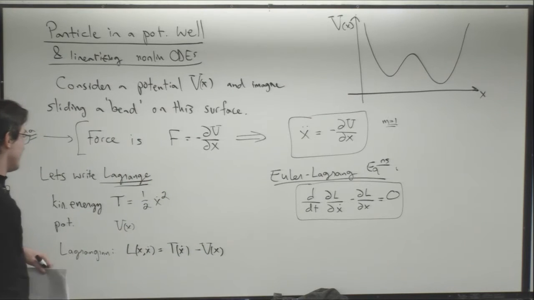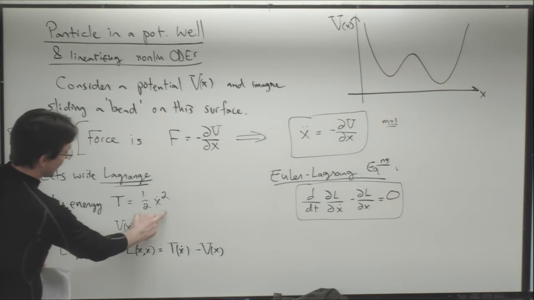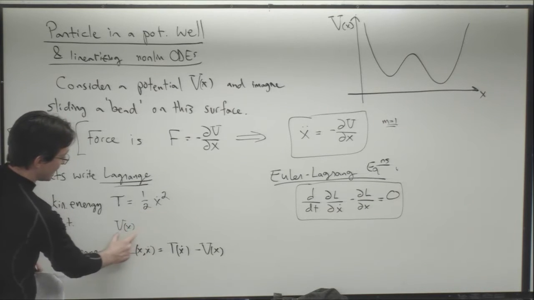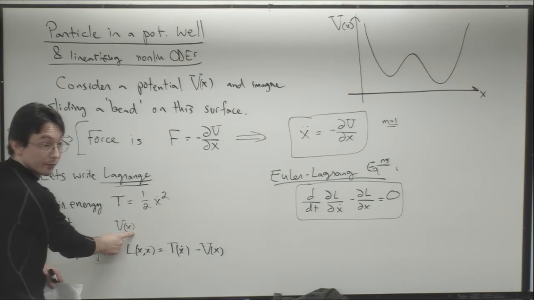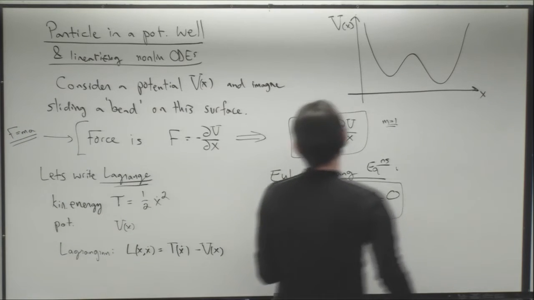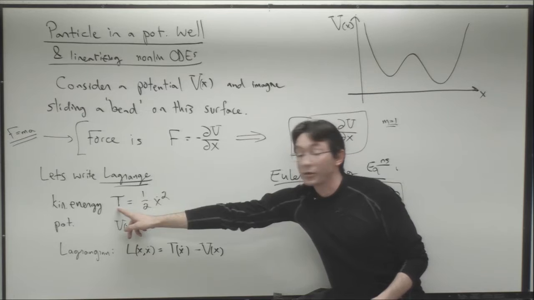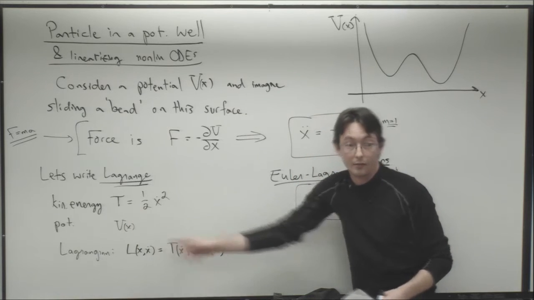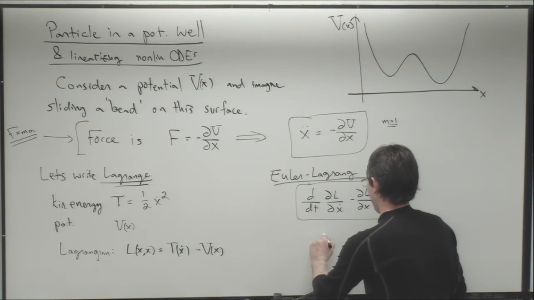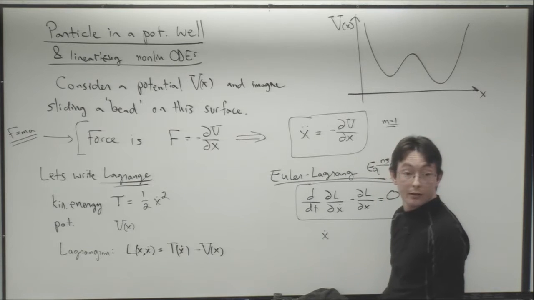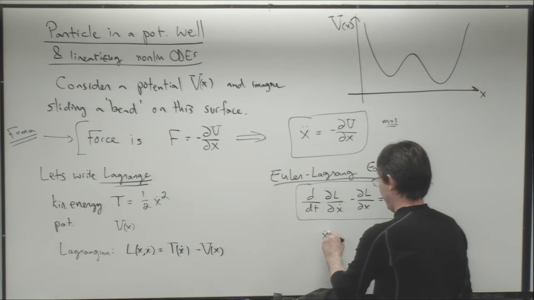Okay. So what you can do is plug in this kinetic energy and this potential energy. And you'll find that partial L partial x dot is the same as partial T partial x dot, which is just x dot. And d/dt of that adds another dot.